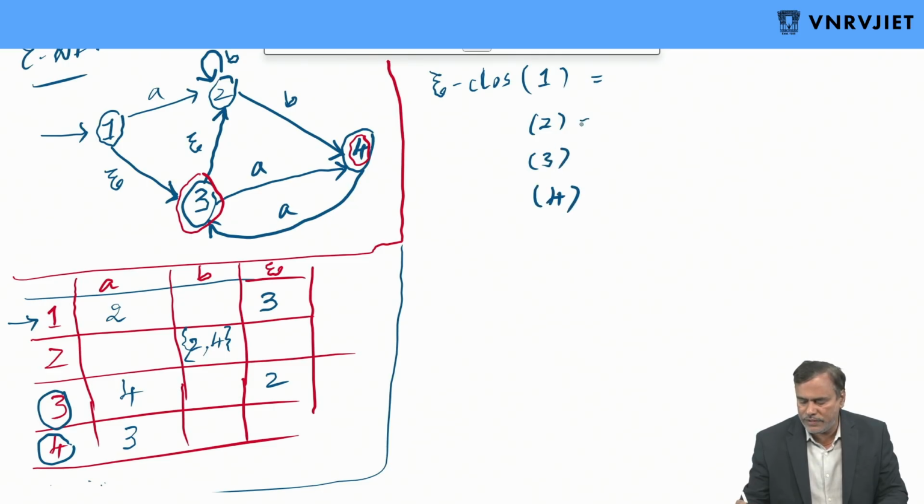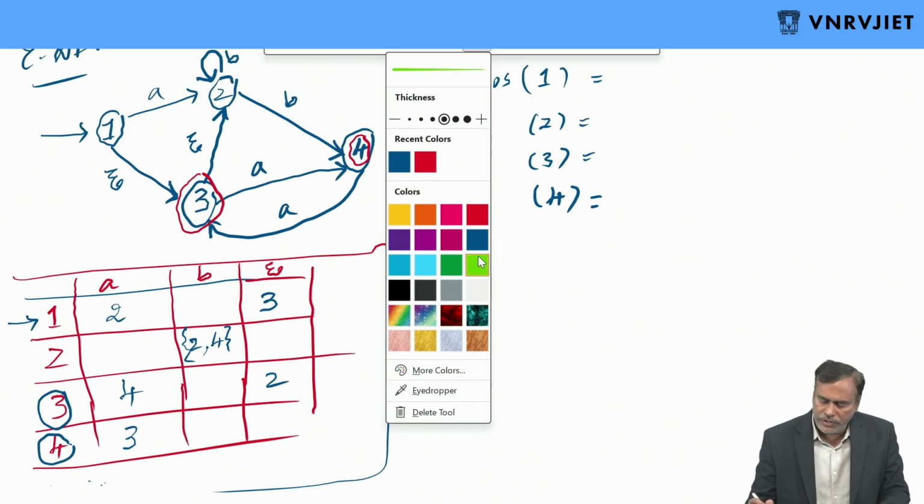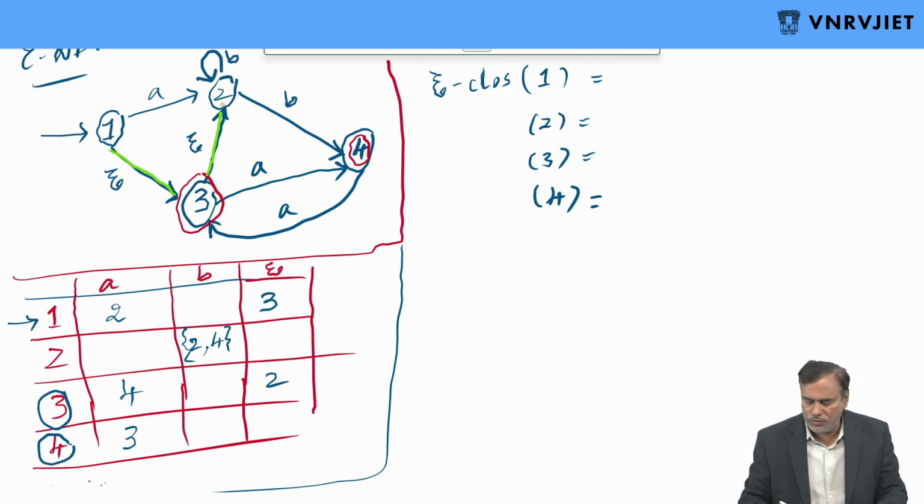So these are the 4 different states that we have. In the diagram, if you carefully watch, I am going to highlight the transitions only on epsilon. So where do you have transitions on epsilon? That is here and also here. You have 2 transitions on epsilon.